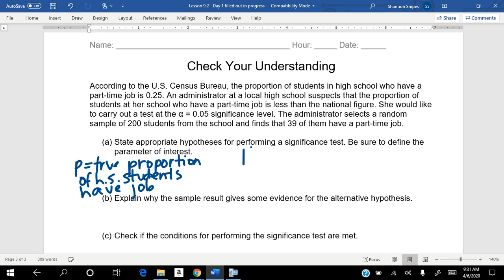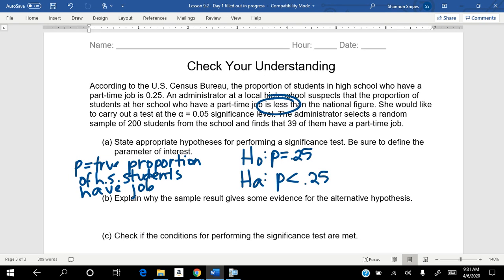Our null hypothesis, this is what we're always going to assume to be true, is that the true proportion is 0.25. But we're going to test this claim based on something this administrator believes: that it is less than the national figure. So we're going to do less than 0.25.